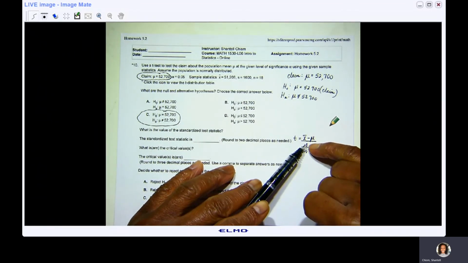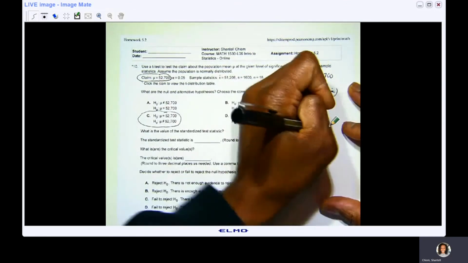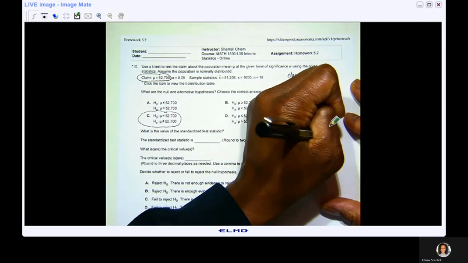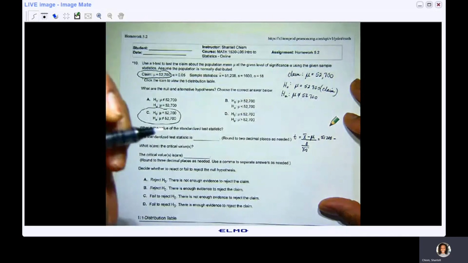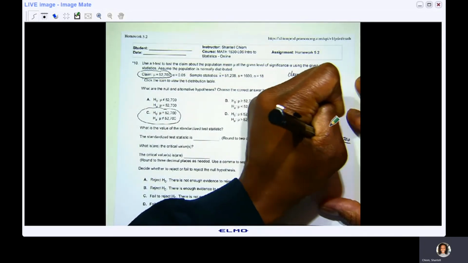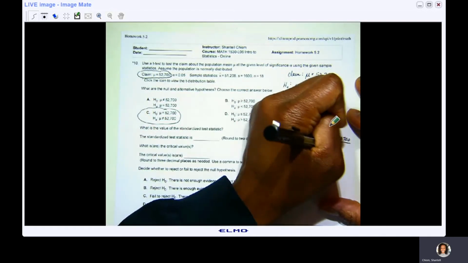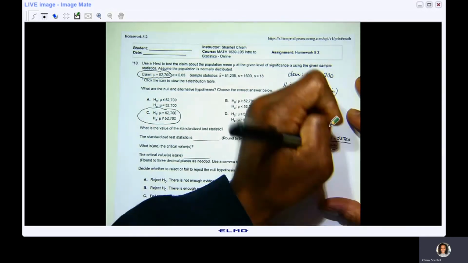Right there where sigma used to be, we have s. So we still have the sample mean, 51.208, minus the mean mu, 52.7, over s, which is 1.600, divided by the square root of n, which is 18.